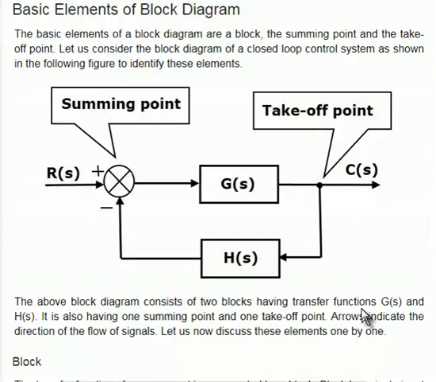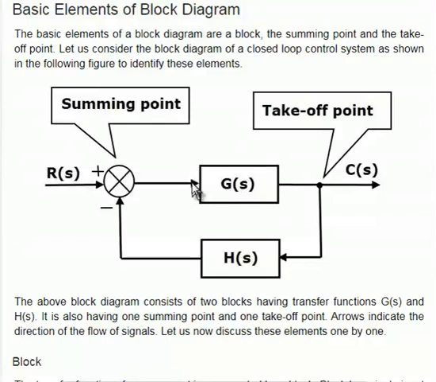The arrow indicates the direction of flow of signals. Signals are flowing in which direction? It shows the direction of flow of signals. This arrow represents signals flowing in the backward direction, and this one the forward direction.